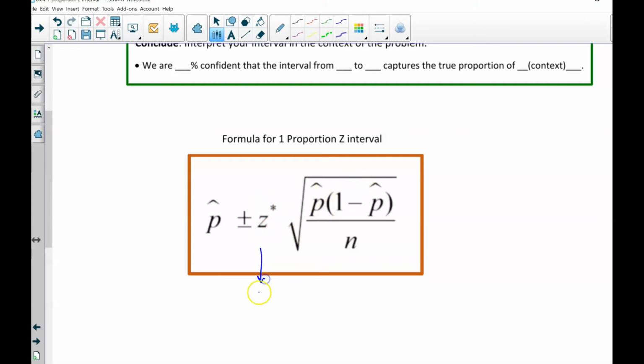So this is your critical value, and this is the standard error of the proportion. Together, the critical value times the standard error of the proportion is actually what your margin of error is.